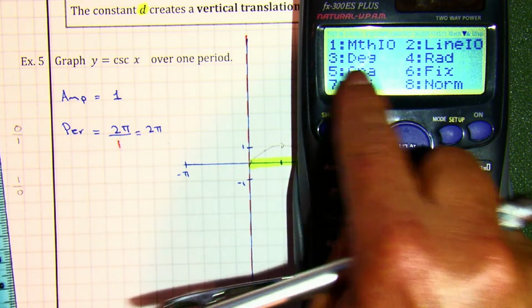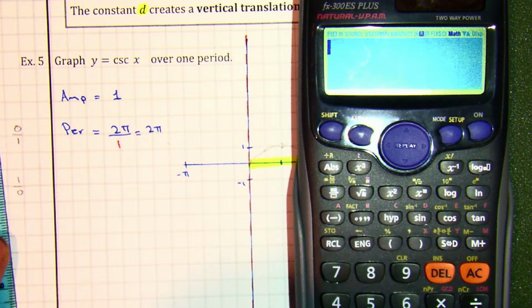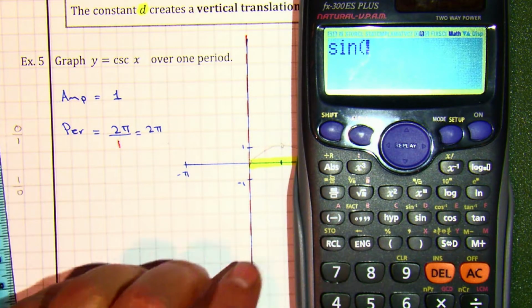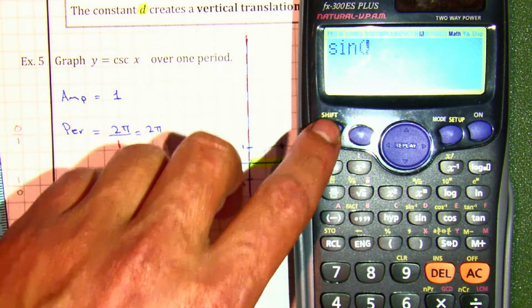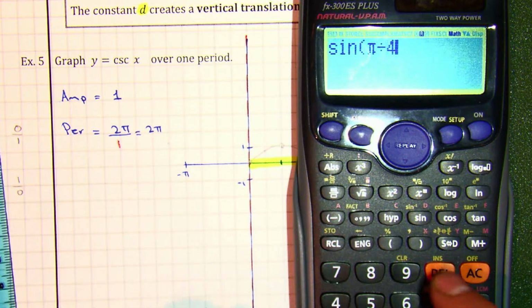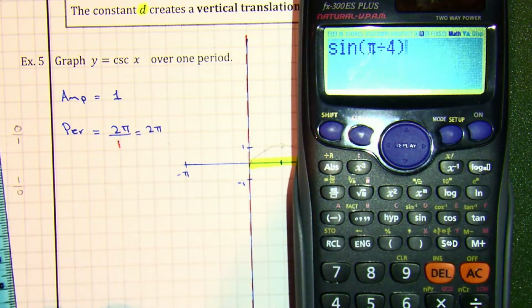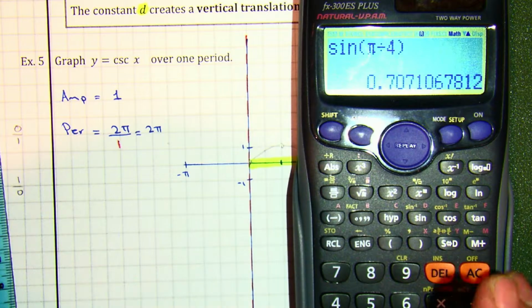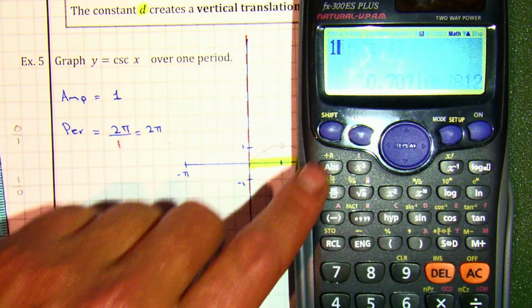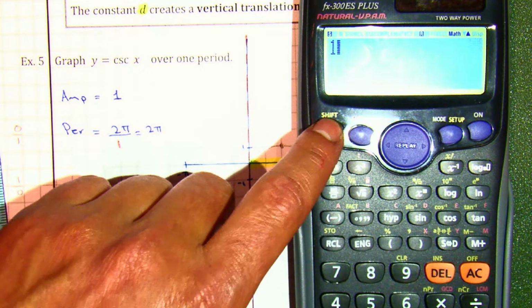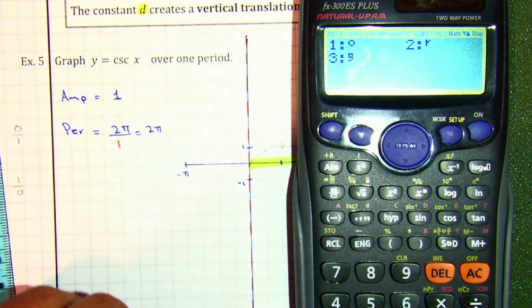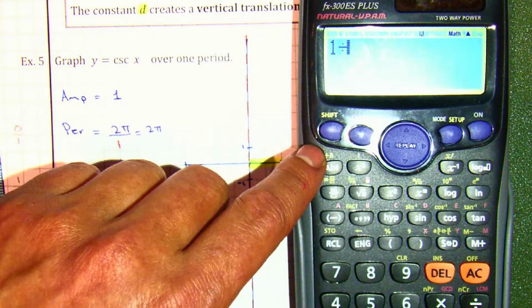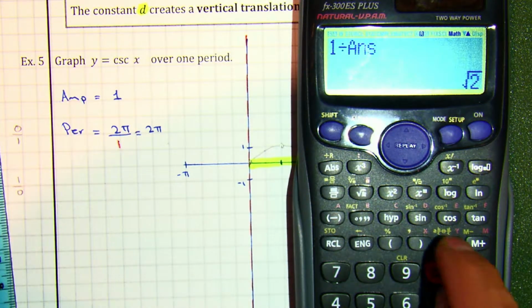Now I can take the sine of pi over 4, which should be about 0.7, and the reciprocal, 1 over my answer, which is 1.4.